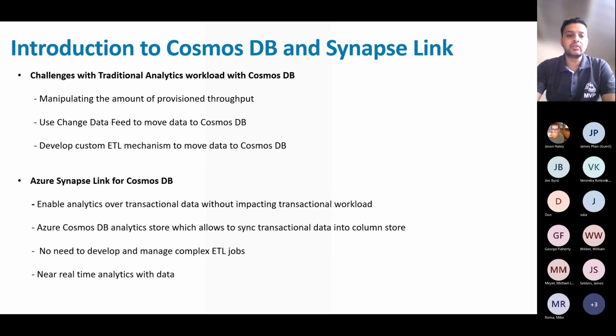So we do not have to develop any ETL code, and we also do not need any operationalization or maintenance of these ETL jobs. And the biggest advantage is we can make the data available in a near real-time manner, so we'll be able to perform near real-time analytics with the data that we want to use and process, and bring some value for the business.